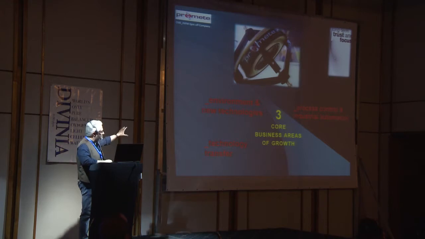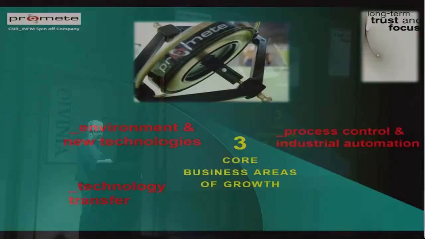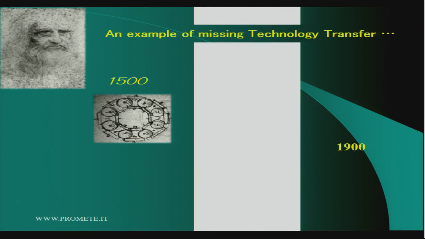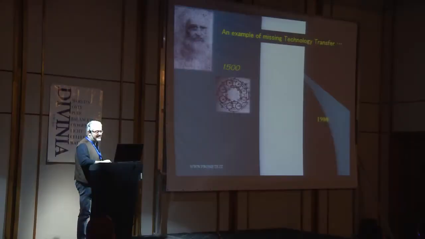in these three areas in particular. And somebody of you already knows who this person is. Everybody knows. And what is this object that Leonardo was drawing many centuries ago? It was totally forgotten until the beginning of the last century, for 400 years.